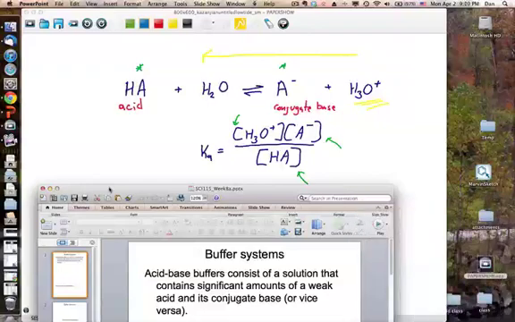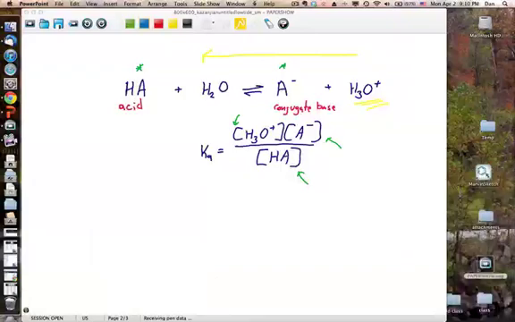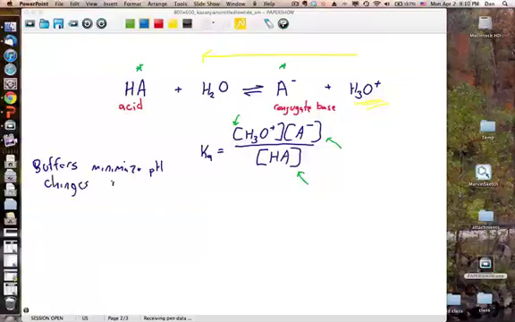And so buffers do not significantly change. They minimize pH changes in the presence of added acid or base. Now, it is very possible to overwhelm the buffer.